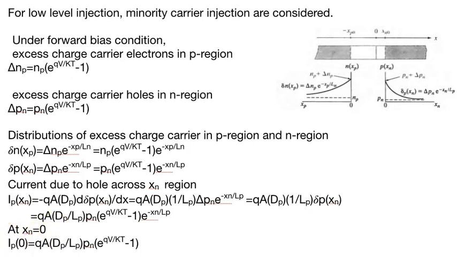At XN equals 0, IP0 is QA Dp over Lp times Pn e to the power QV/KT minus 1. Now look at this diagram.